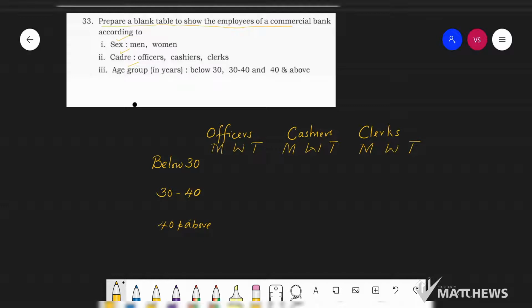But you know, students, according to the rules of tabulation, they said very clearly that there should preferably be more rows than columns.